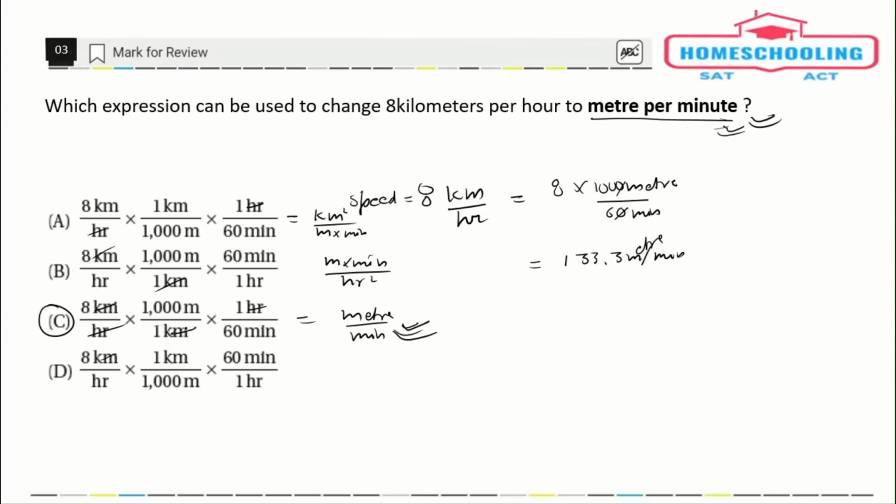And if they have asked for the value, then you can multiply this out and you will find the value. So when expressions are given, neglect the numbers and just try to find the unit that is asked in the question, that is meter per minute. You get meter per minute in option C, so option C is your correct answer. Now let's move on to the next question.